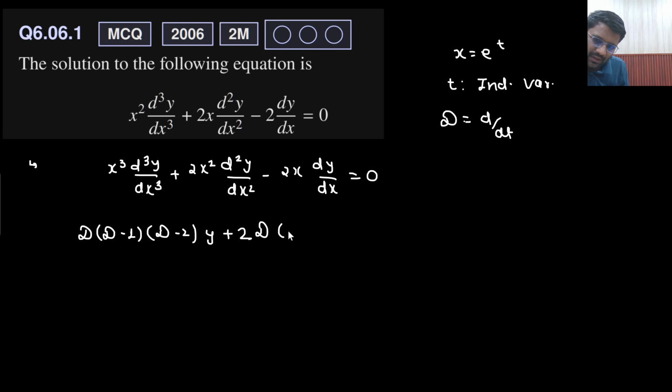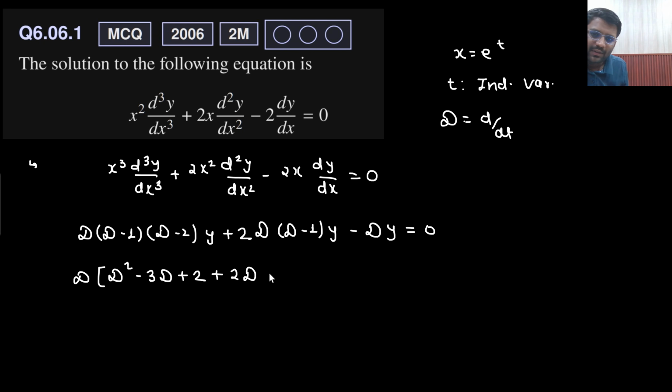Plus 2 d into d minus 1 multiplied with y, minus 2 dy equals 0.